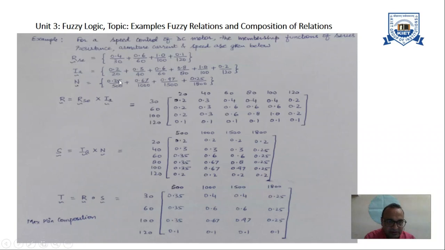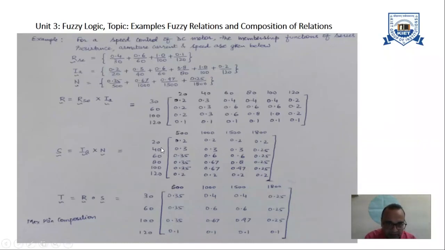So what should be the membership value for 20 ampere with 500 RPM? The membership value would be the minimum out of these, and the minimum is 0.2. Then I am making a relationship between 20 ampere current and 1000 RPM. The membership value will be the minimum out of these two, and the minimum value is 0.2 again. Here I am making a relationship of 20 ampere with 1800 RPM, and that will be the minimum of these two, which is 0.2.